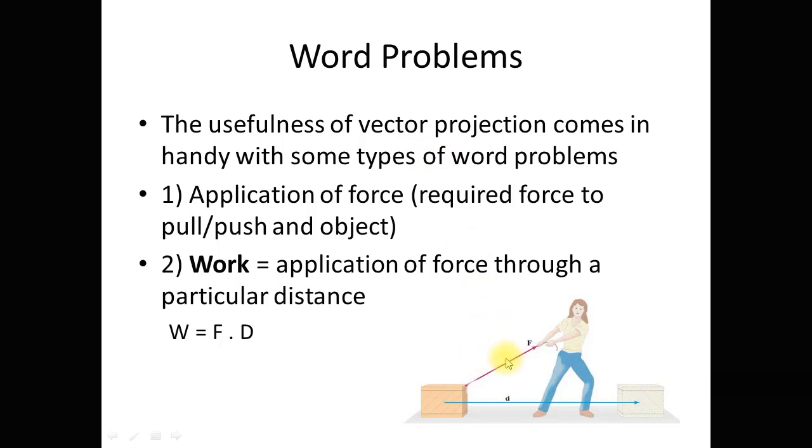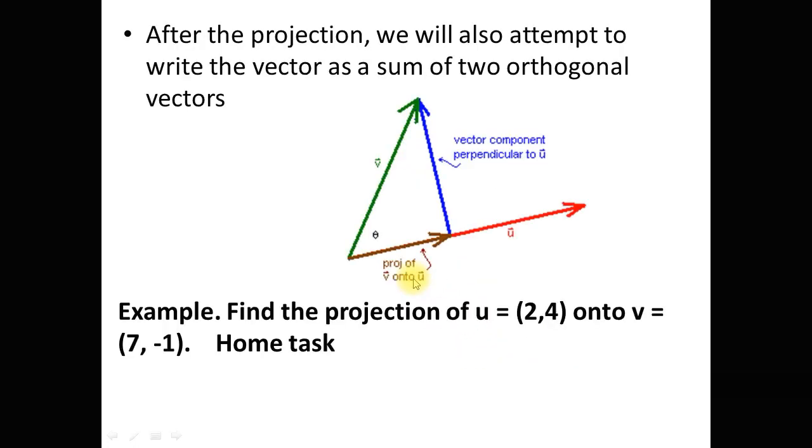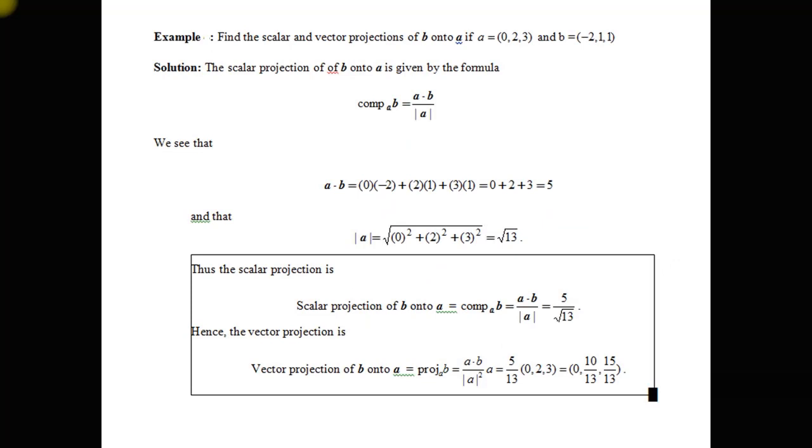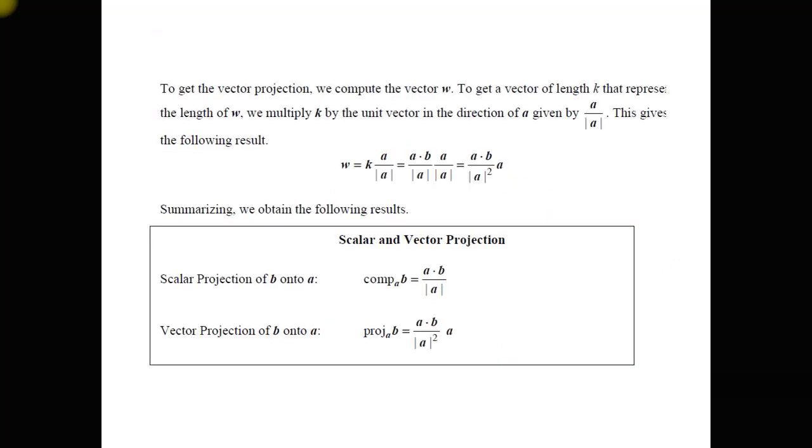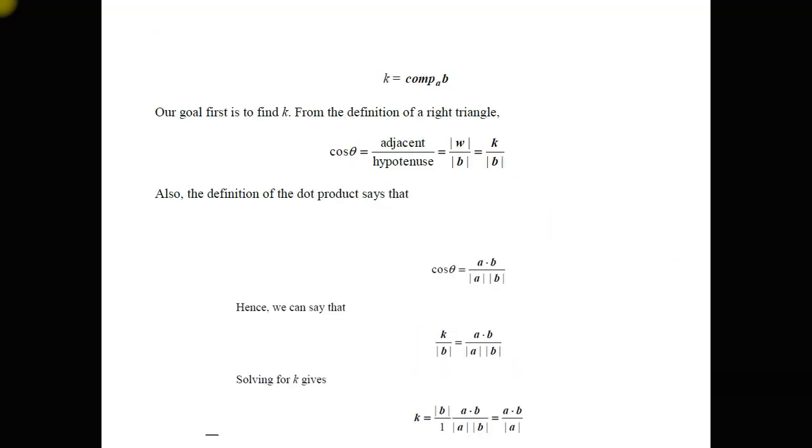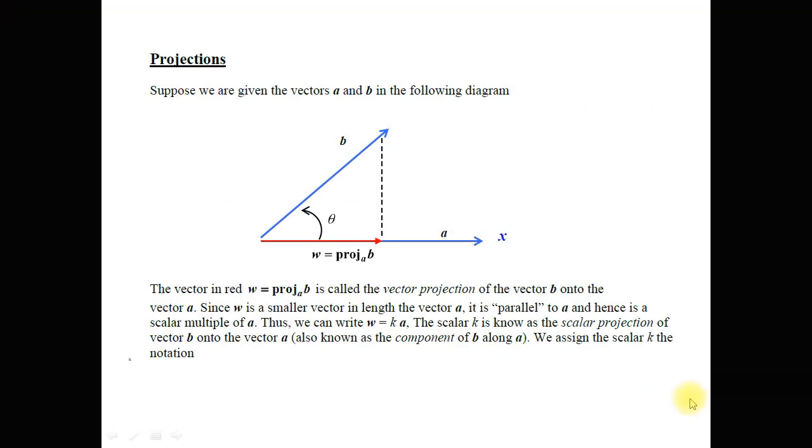So dear students, in this lecture you are required to note what is orthogonal projection and what is projection. We have two vectors A and B, and vector B has a projection onto vector A. How to find the projection of vector B on vector A?